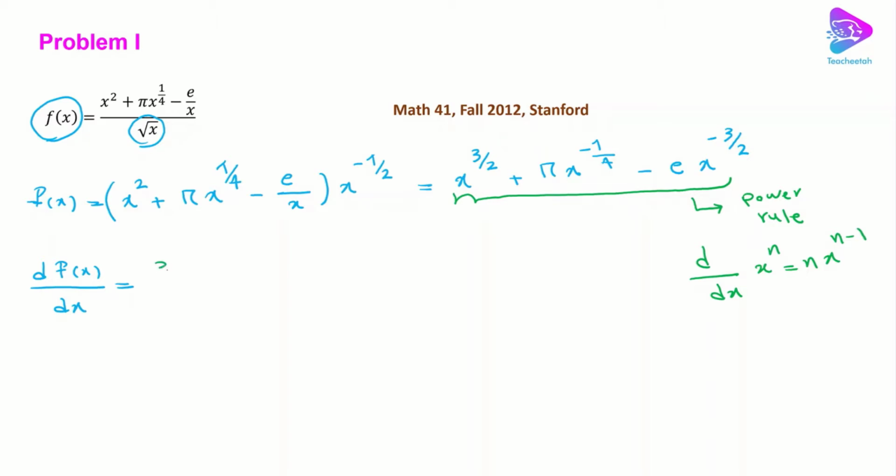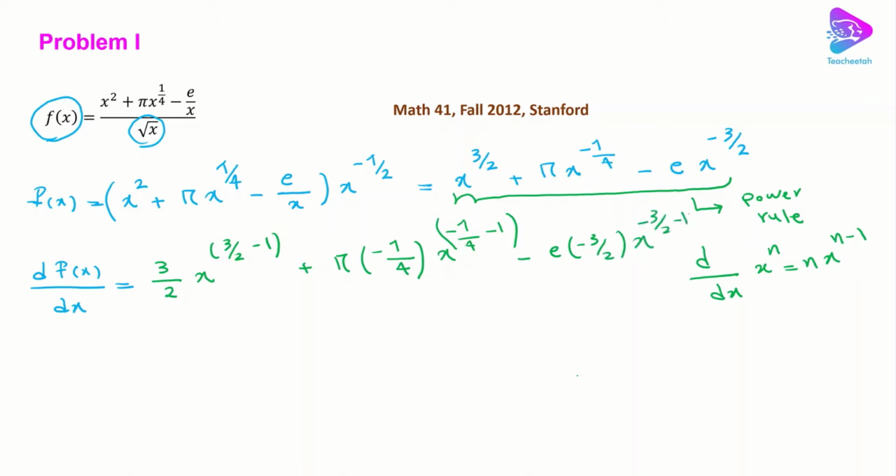So this is going to be 3 over 2 x to the 3 over 2 minus 1, plus pi times minus 1 over 4 x to the minus 1 over 4 minus 1, and then we will have minus e times minus 3 over 2 x to the minus 3 over 2 minus 1.